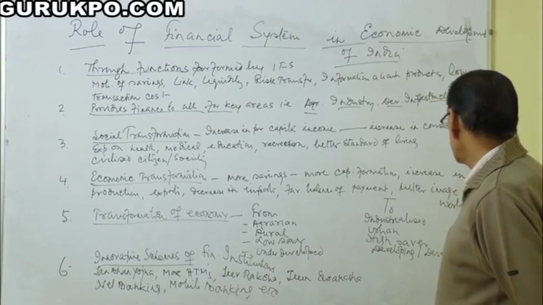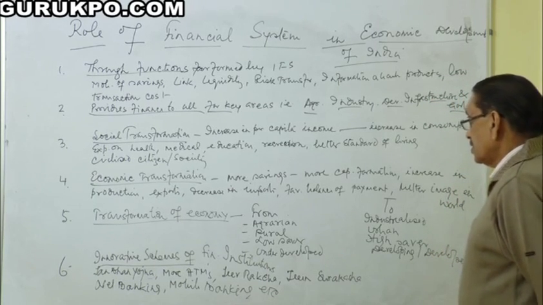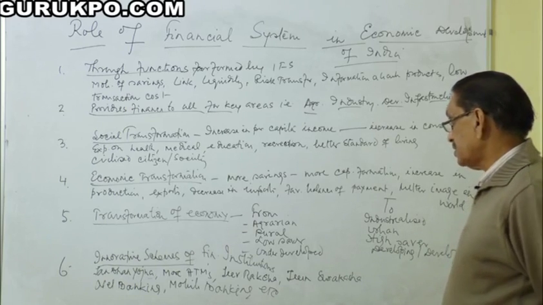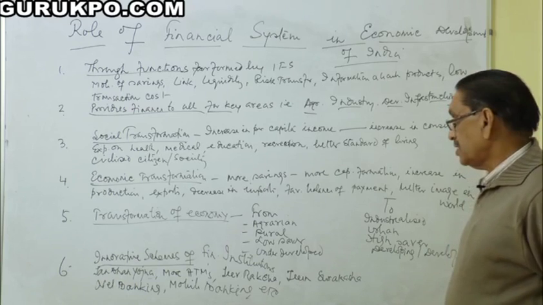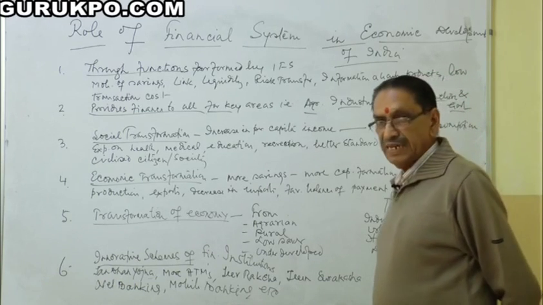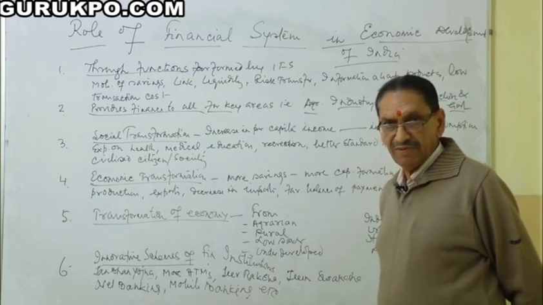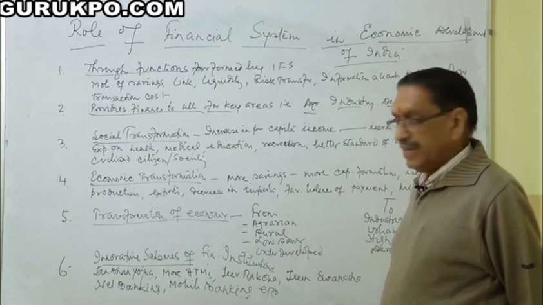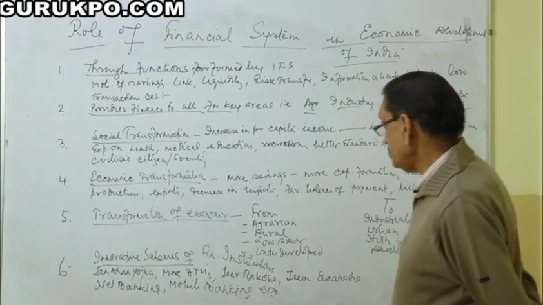And the last is that the transaction cost of all these transactions which happen in the financial market is very low, because there is an effective control of 3 regulatory bodies on this financial system, and these 3, I once again repeat in very brief, are Reserve Bank of India, IRDA, as well as SEBI.